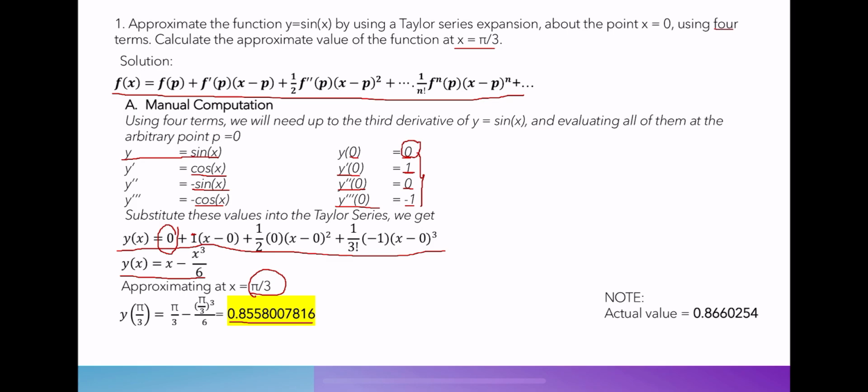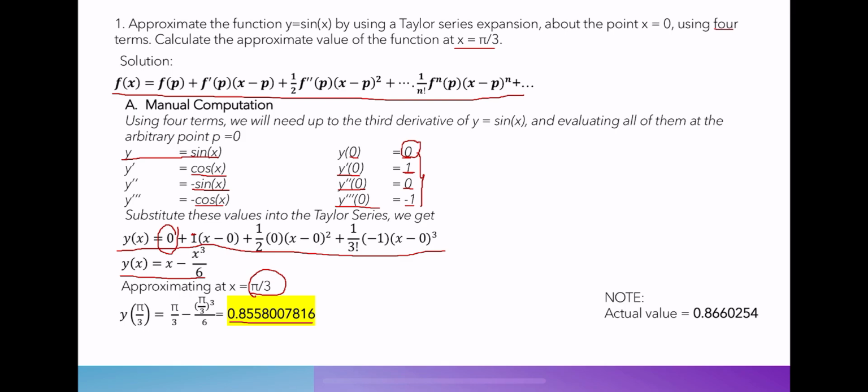We will arrive with an answer of 0.85580078116. If you will be double checking it with your calculator, make sure that your calculator is in radian mode. Try to plug it in your calculator, and definitely we will arrive with that answer.